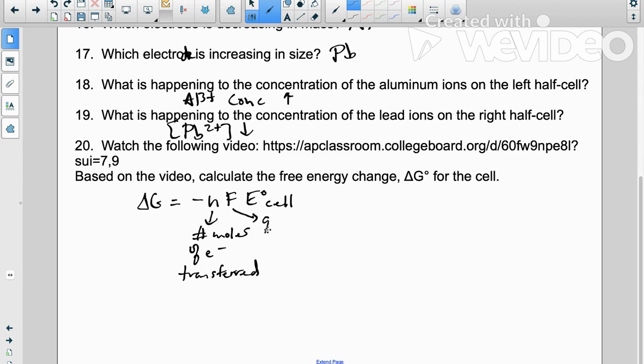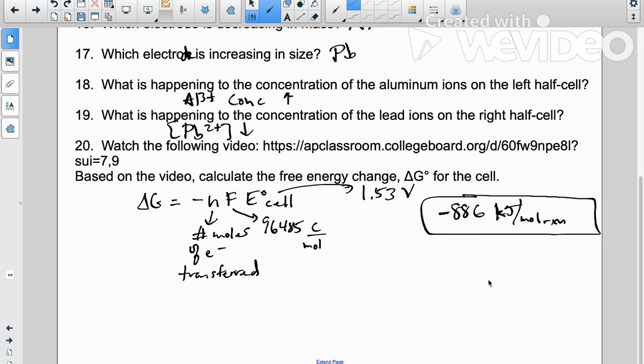F is Faraday's constant, 96,485 coulombs per mole. And then here's our E cell from before, that was 1.53 volts. So if you check the answer key, I believe the answer comes out to 886 kilojoules per mole of reaction, and this is going to be negative, your delta G for the reaction.